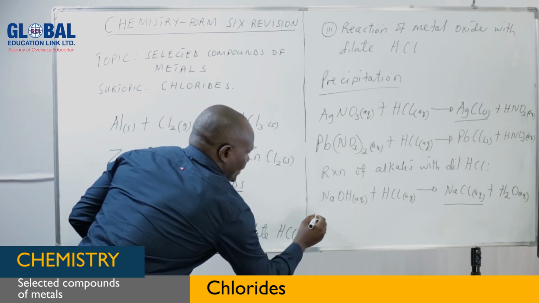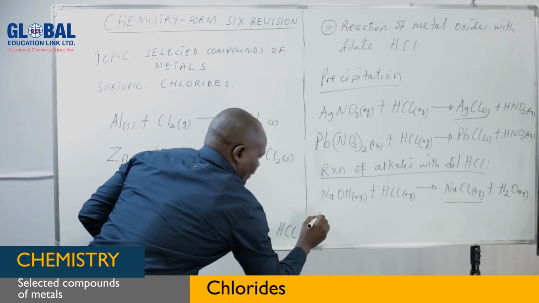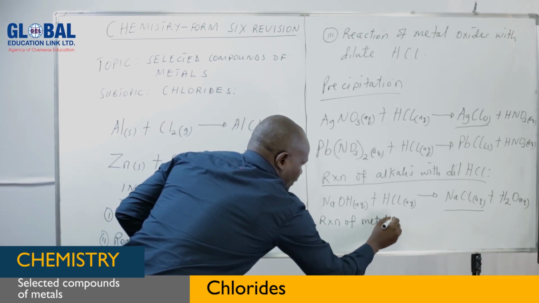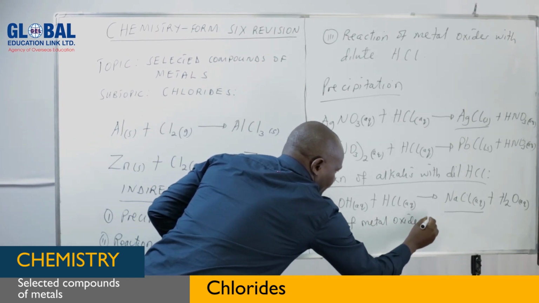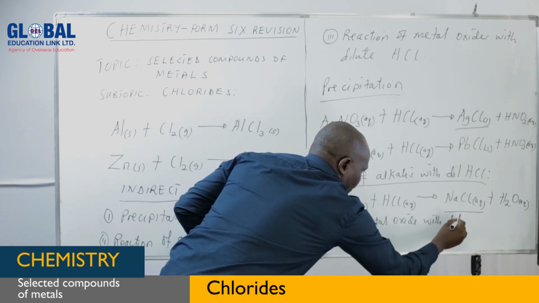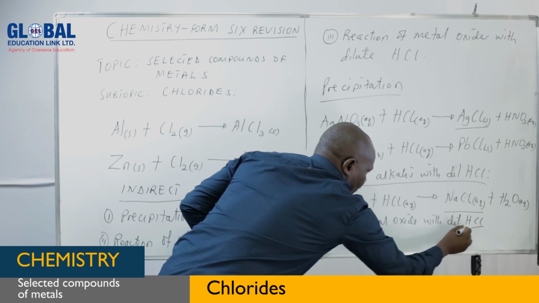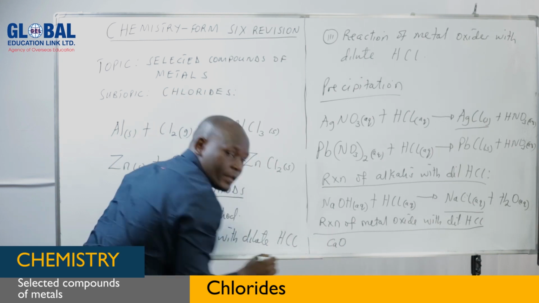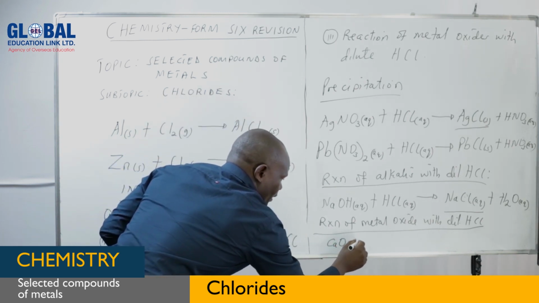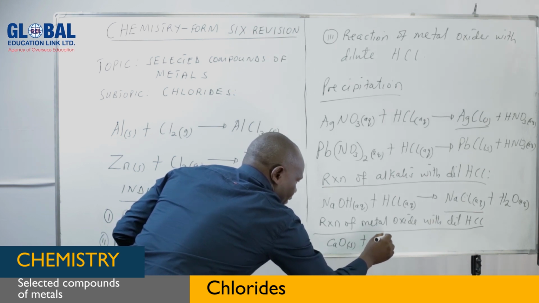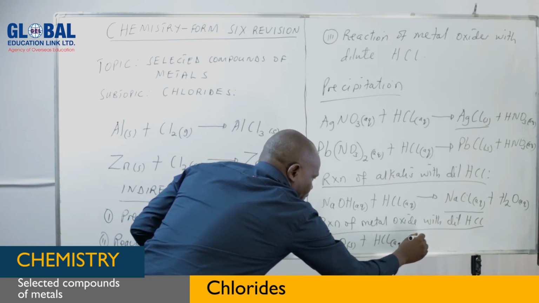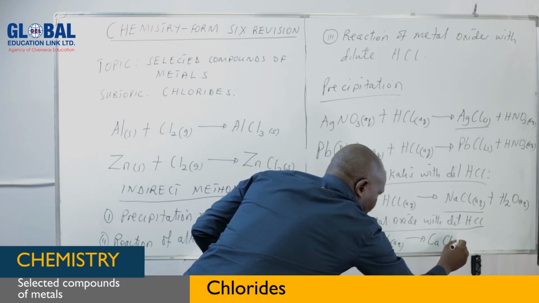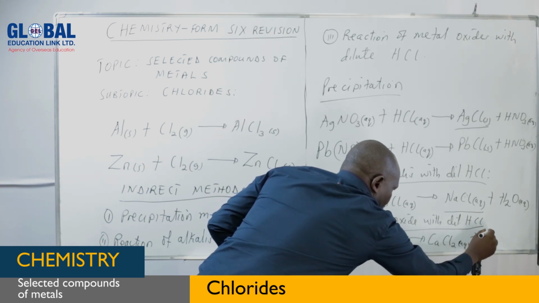Here, taking an example of calcium oxide as our metal oxide, this calcium oxide, when treated with the dilute hydrochloric acid, our product here will be calcium chloride plus water.